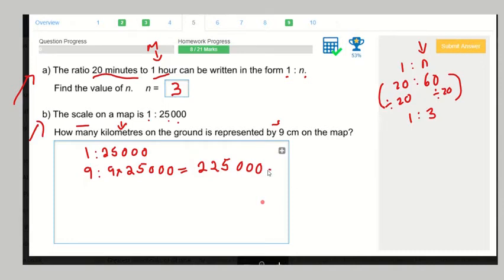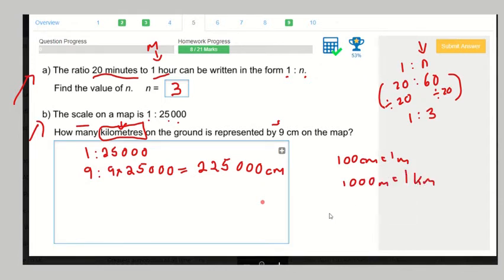225,000 centimetres. Now I wonder if this is where you are going wrong, because it asked for the answer in kilometres, not centimetres. So we have to change 225,000 centimetres into kilometres. Now we know that there are 100 centimetres in 1 metre. We know that there are 1,000 metres in 1 kilometre.